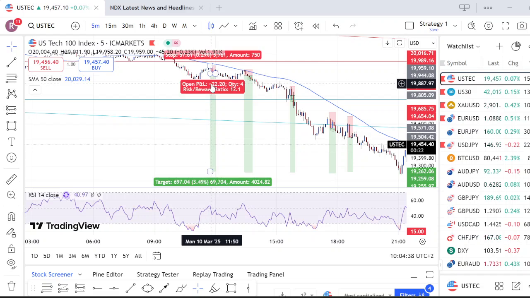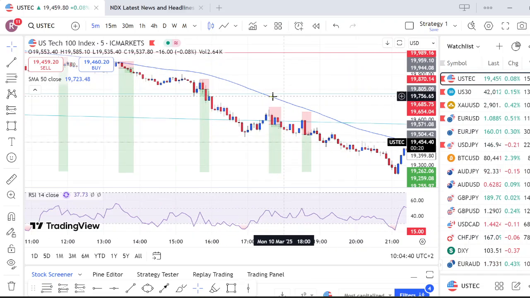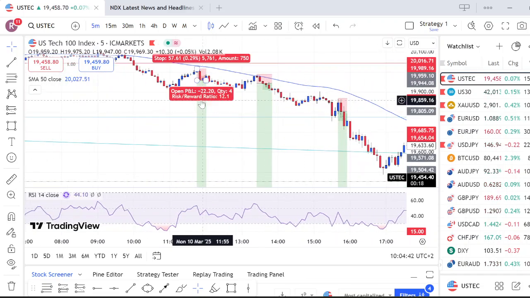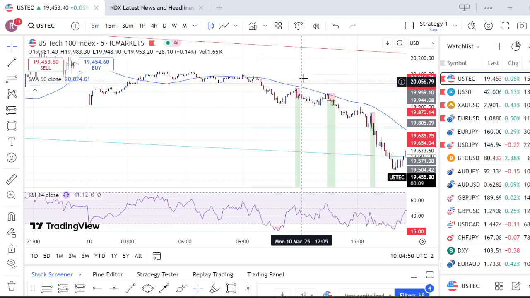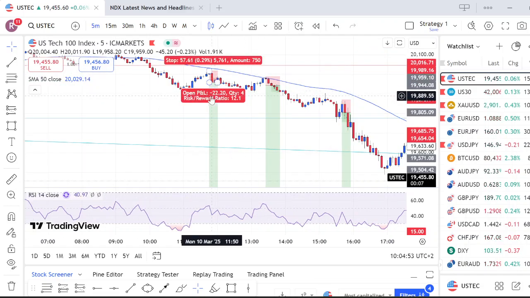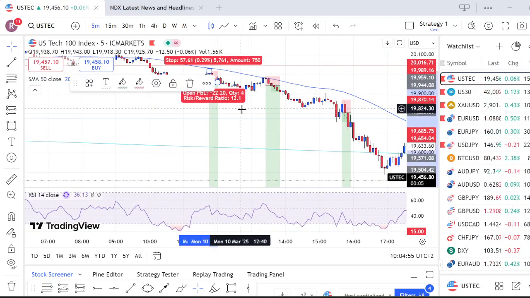So here I missed this entry, but I was able to get in on this entry here. And what we can see is that at 11:50, or 10 to 12, we had a break of the support. We came back, we retested, and then we had a strong bearish engulfing candle.